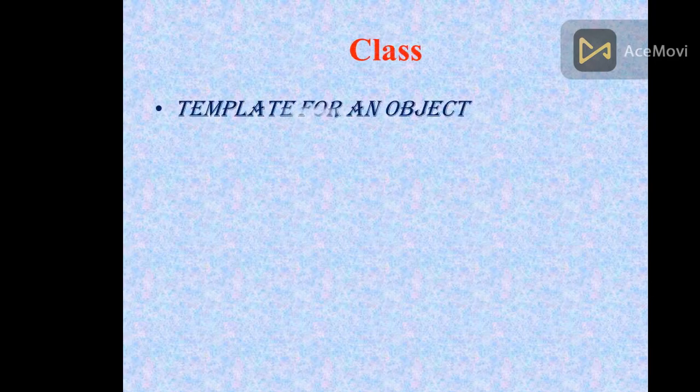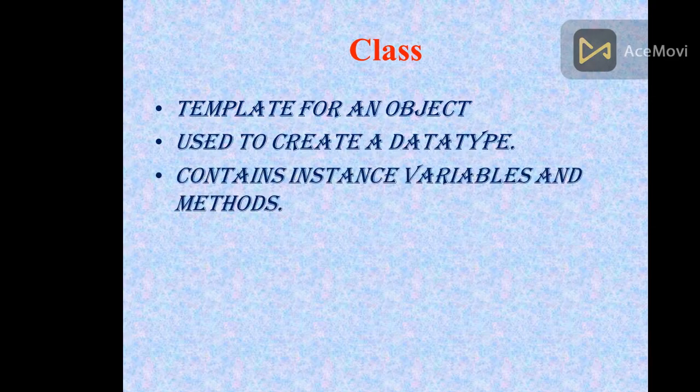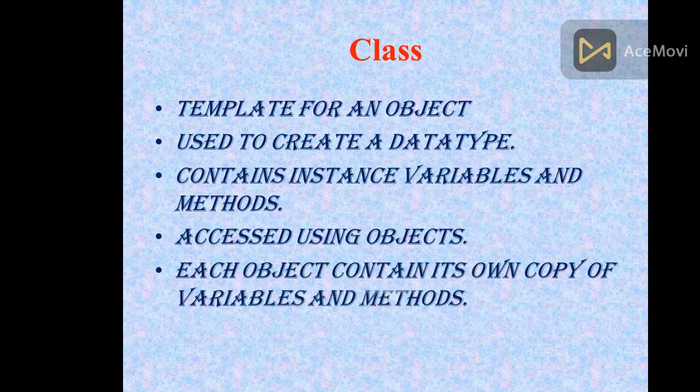Class. First of all, we must know what a class is. A class is a template of an object. Template means it shows how the object should be, how the object is going to be presented, what the properties of that object are, and what functions the object is going to perform. A class is used to create a new data type.